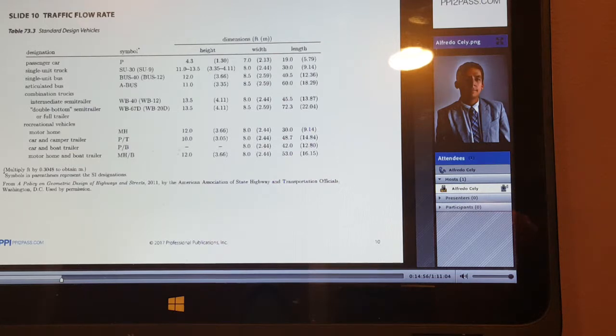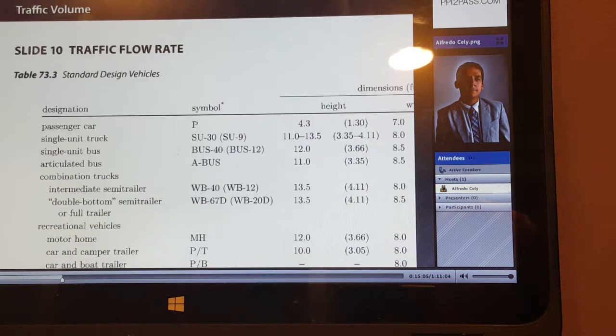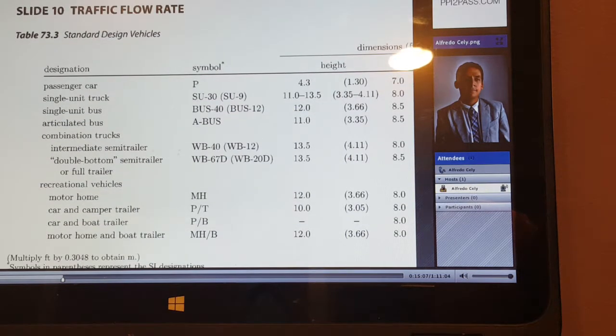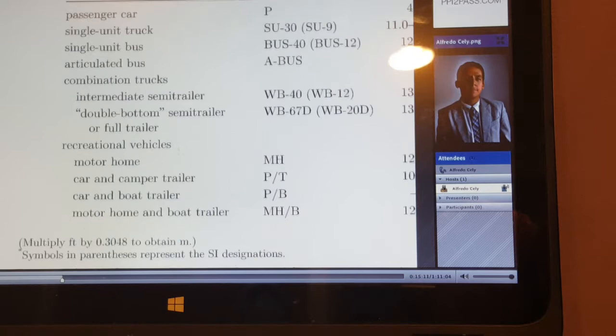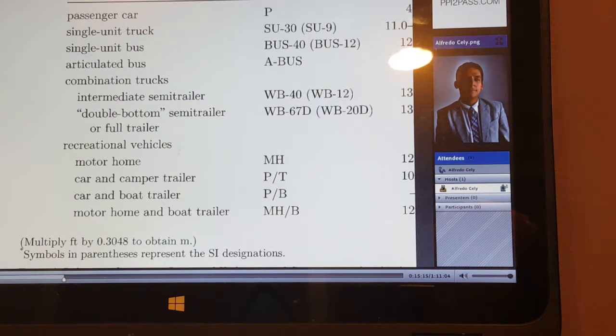So here's some information for traffic flow rates for standard design vehicles. Now, we also have two key things that are working out on this table. Before we get into the dimensions of the standard design vehicles, let me get to their symbol designations. So passenger car has a symbol of P. A single unit truck is called SU, and it can be a single unit 30 or a single unit 9.